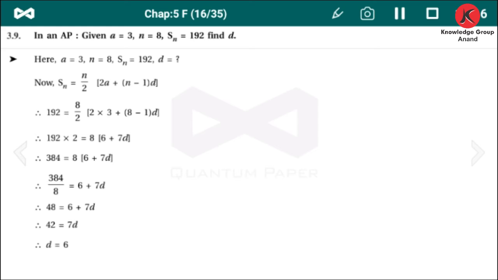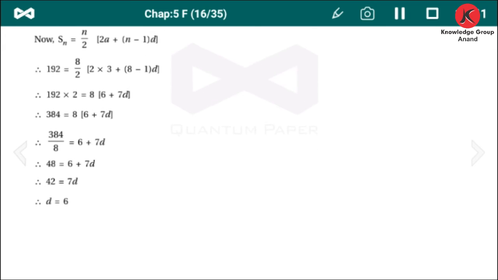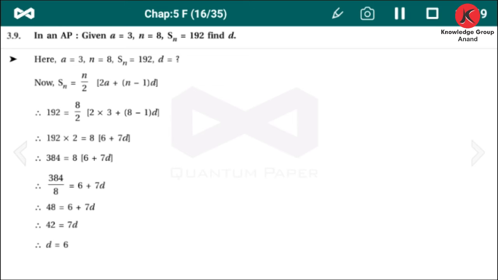Then 192 is equal to 8 upon 2 into 2 into 3 plus 8 minus 1 into d. 192 into 2 is equal to 8 into 6 plus 7d. 384 upon 8 is equal to 6 plus 7d. 7d is equal to 48 minus 6, 42 is equal to 7d. d is equal to 6.